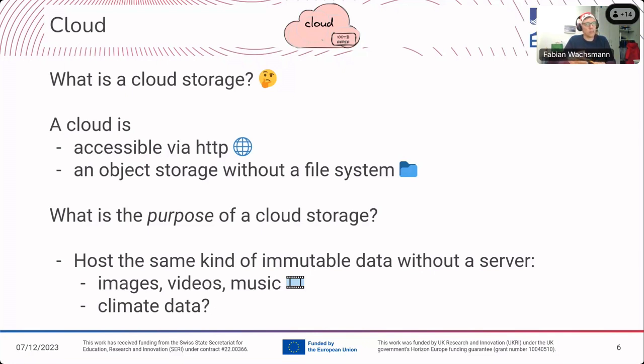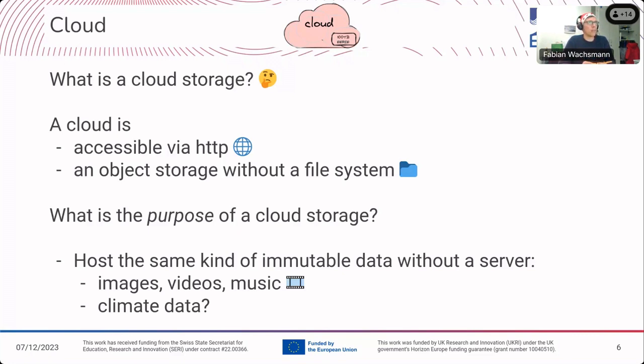Because of this definition, there's a specific purpose of a cloud storage. We want to host the same kind of immutable data without a server on cloud storages. This can be, per definition, images, videos, and music, but it actually can also be climate data if it fits into the cloud and is optimized for cloud storage access.